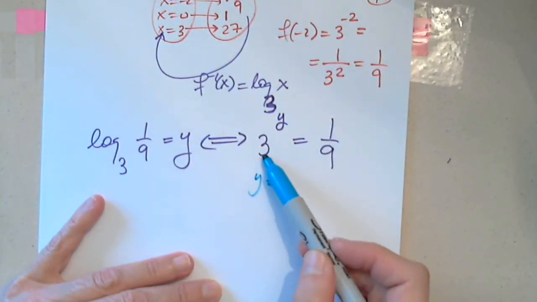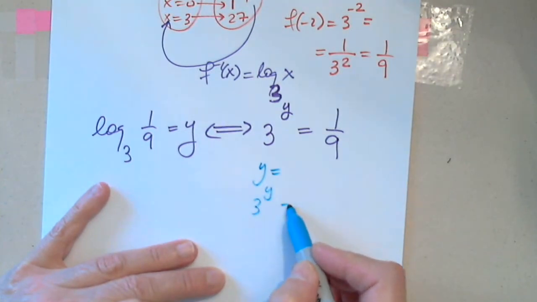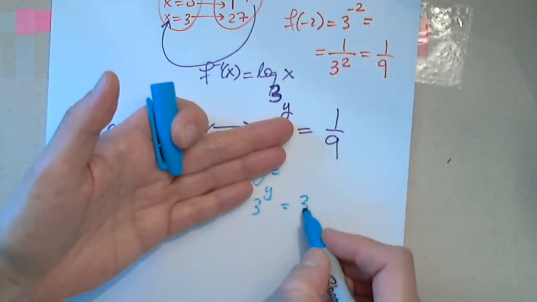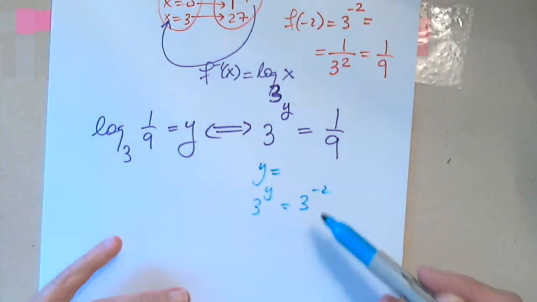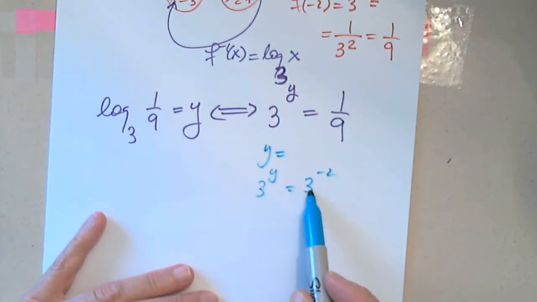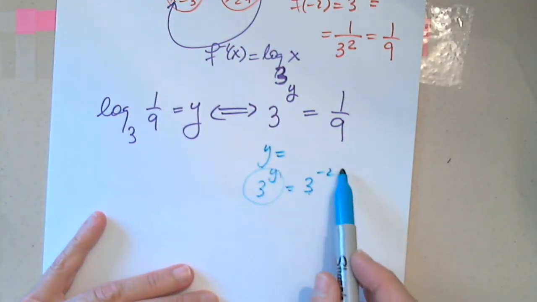Let's say we don't. The left-hand side is 3 to the y. The right-hand side I know is 3 to the -2, since 1 over 9 is 3 to the -2. The bases are the same and the two numbers are equal.